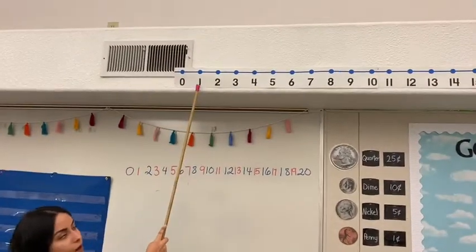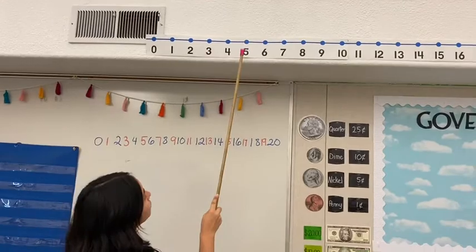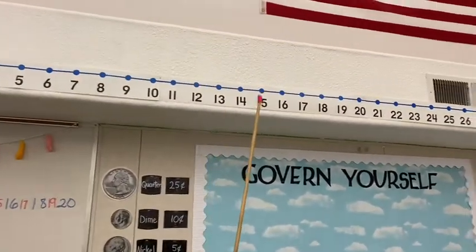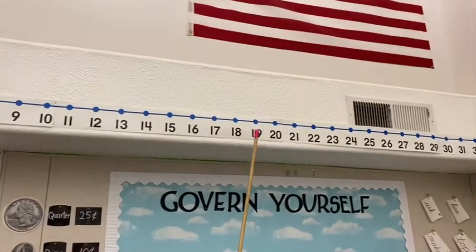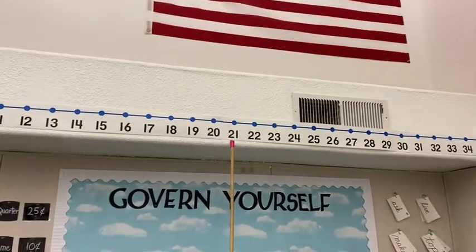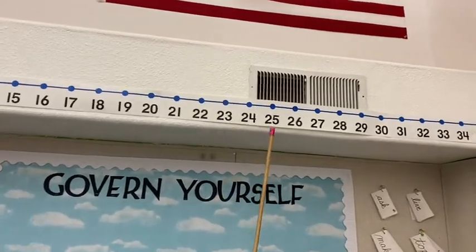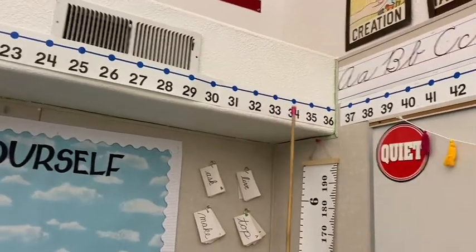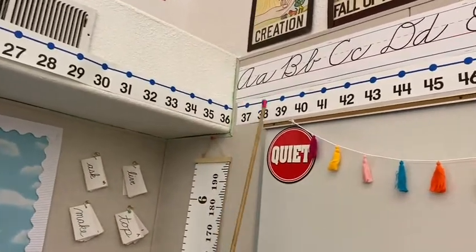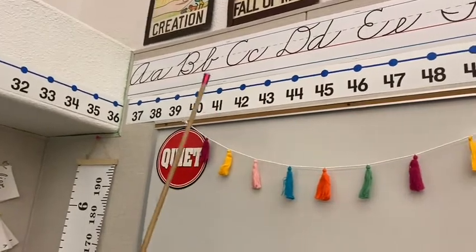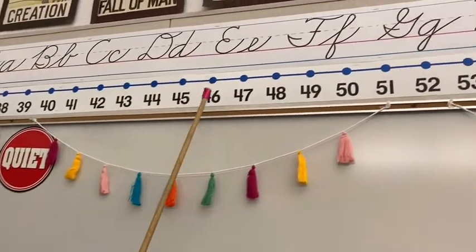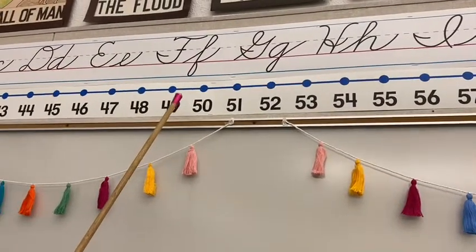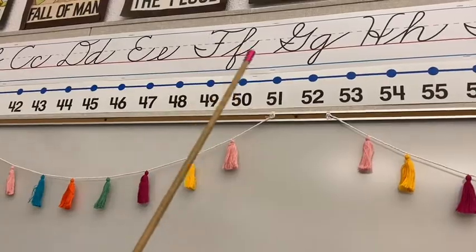So we're at 1, 3, 5, 7, 9, 11, 13, 15, 17, 19, 21, 23, 25, 27, 29, 31, 33, 35, 37, 39, 41, 43, 45, 47, 49. And then we're gonna stop at 50 because 50, odd or even, it's even, so let's stop at 51.